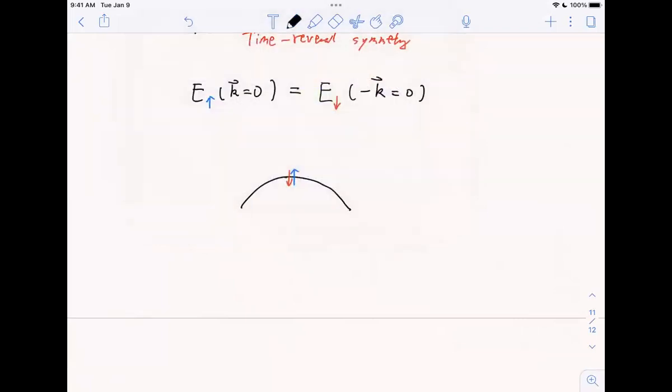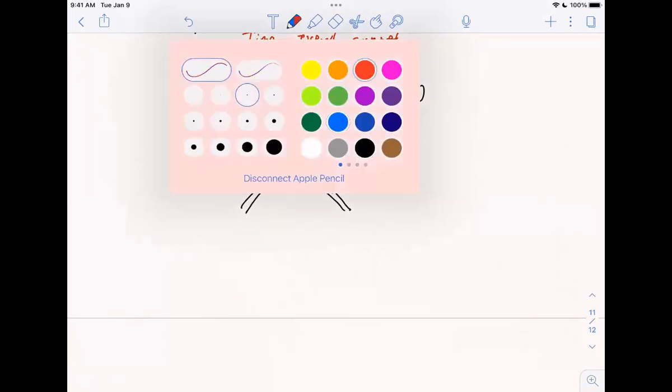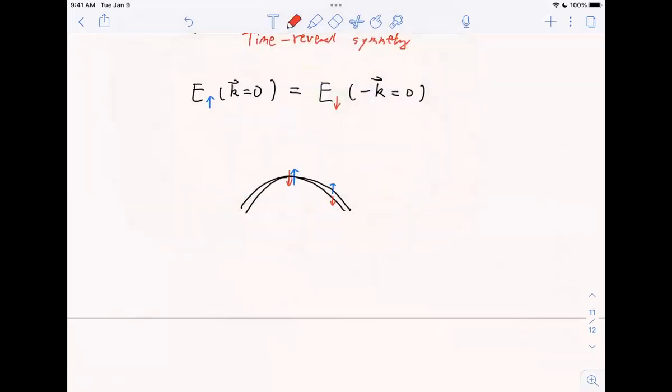Once you go away, they will start to split, and the splitting direction will be, let's say, like this, and then on the other one it will go up. Once you go away, you follow the time reversal symmetry.